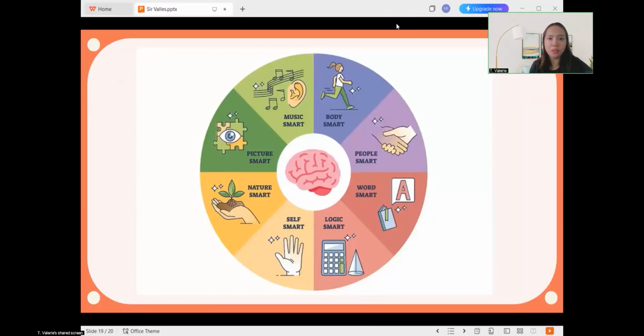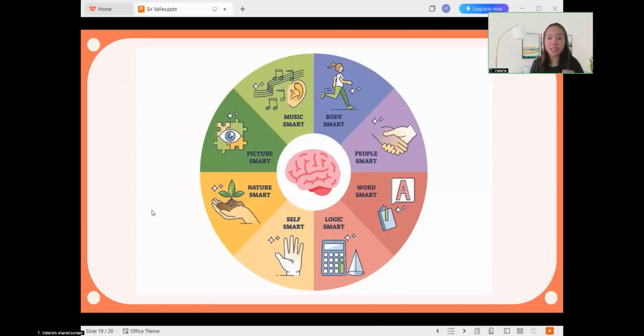Okay, so going back, let's have the 9 types of intelligence. Let's have the first one, bodily kinesthetic intelligence. When we say bodily kinesthetic intelligence, it is the capacity to manipulate objects and use a variety of physical things.